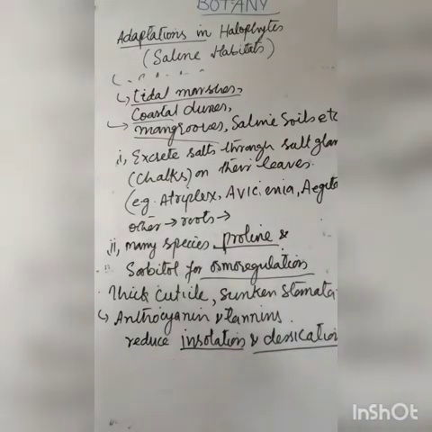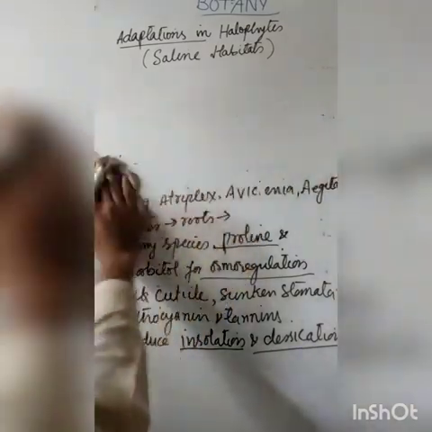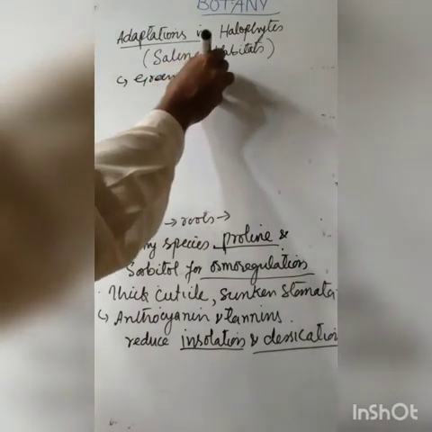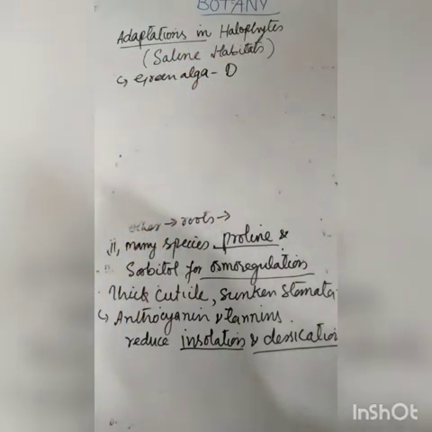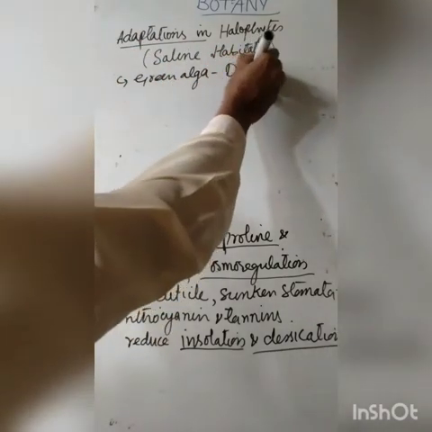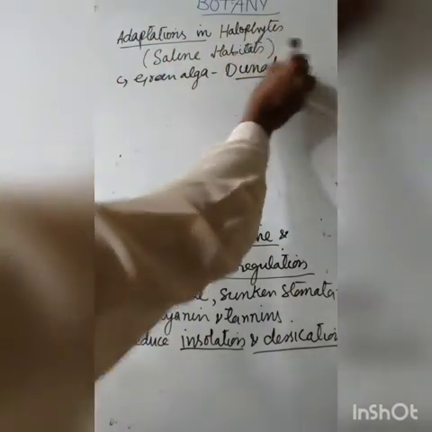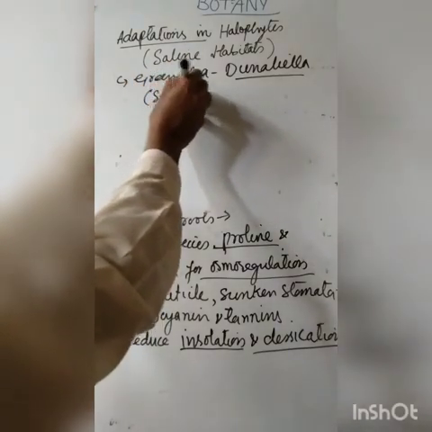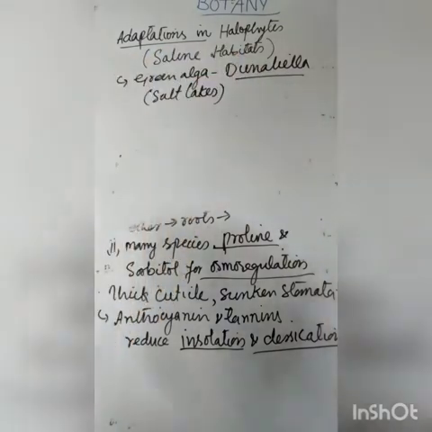They prevent desiccation so that they may not lose more water in salty conditions. And there are some plants like the green alga Dunaliella. It is a green alga. It is found in salt lakes.